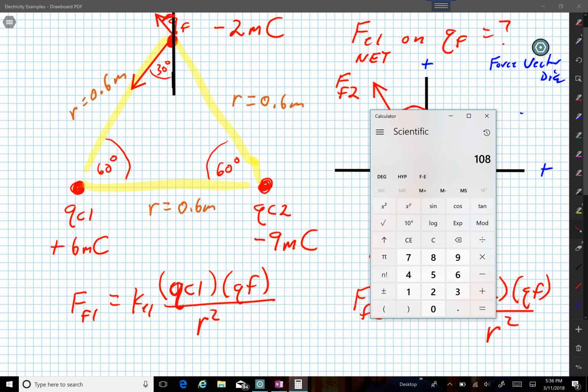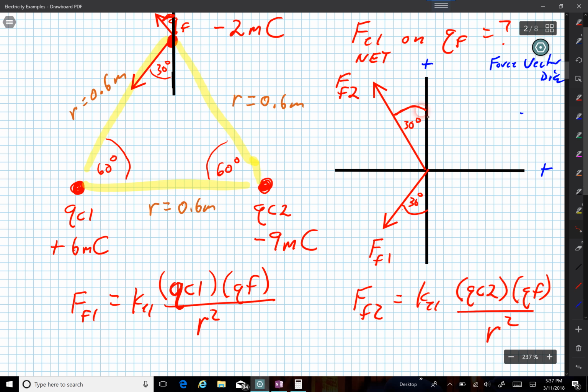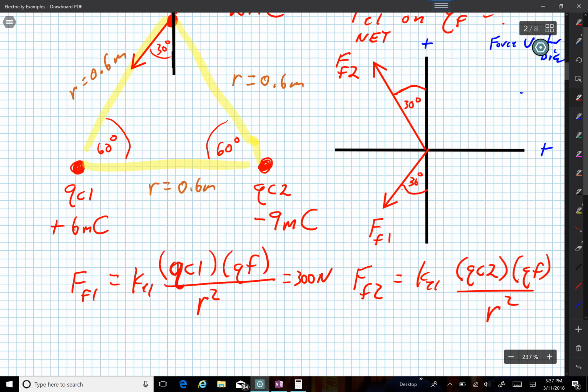That's the numerator. And then I'm going to divide by 0.6, equals, and then divide by 0.6 again. That's dividing by 0.6 twice. So there's 300 newtons. So this is 300 newtons.